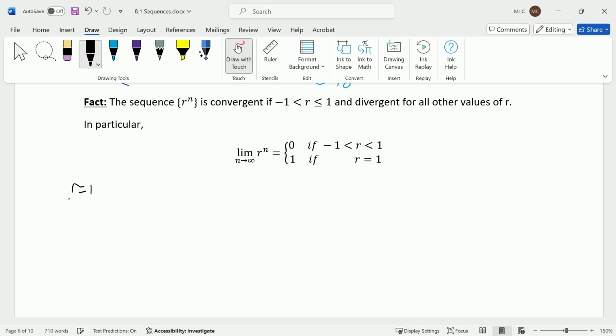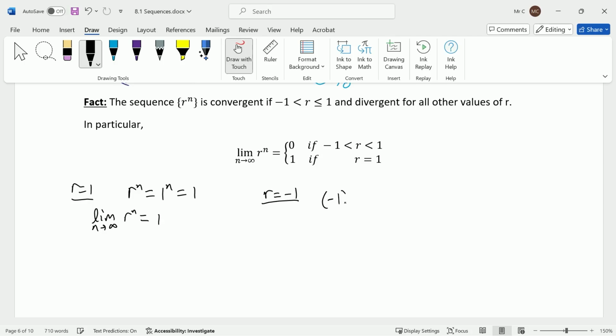So when r is 1, it's pretty trivial. r to the n is 1 to the n, which is 1. So the limit as n goes to infinity of r to the n is just 1, the constant value. Okay, so that takes care of that. What about -1? So we've got that -1 case, r equals -1.